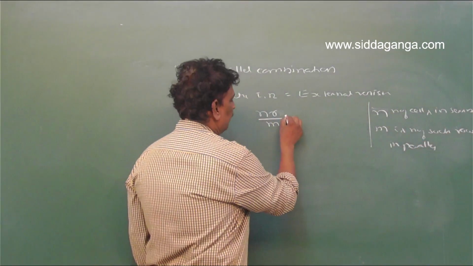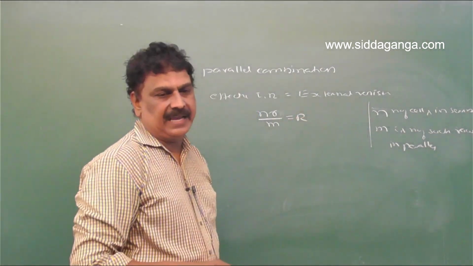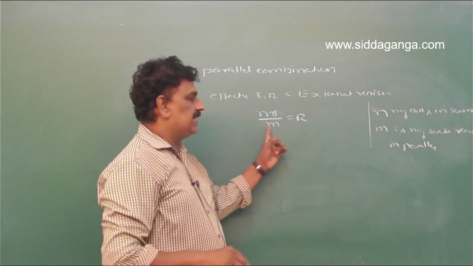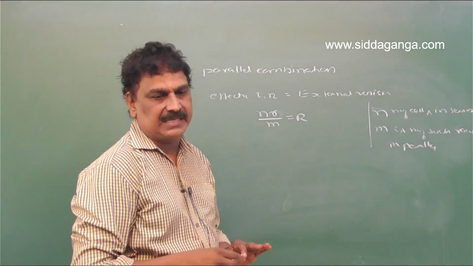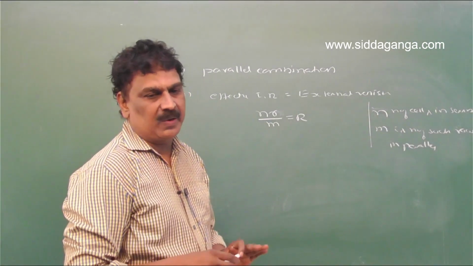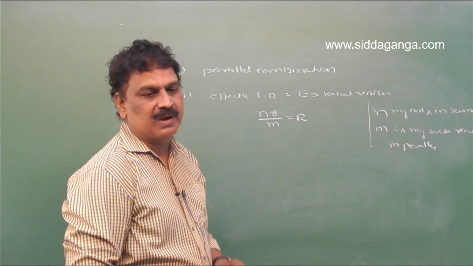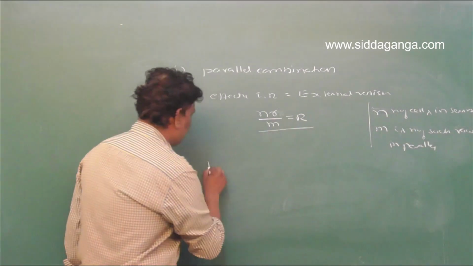That should be equal to the external resistance. If I take simply the parallel combination of cells and this condition is not satisfied, then we won't get the maximum value of current. Therefore, the right answer is that it depends upon the relative values of internal and external resistances.